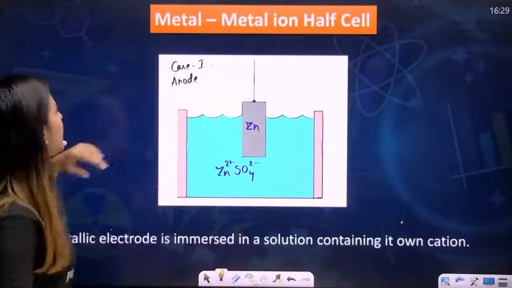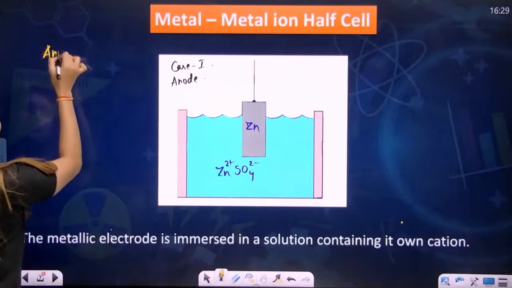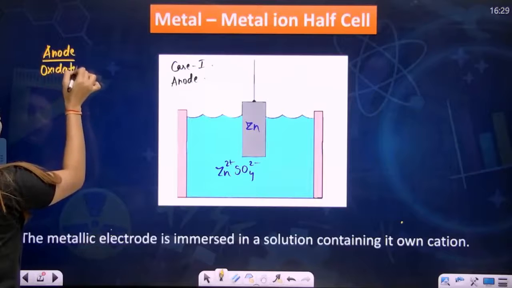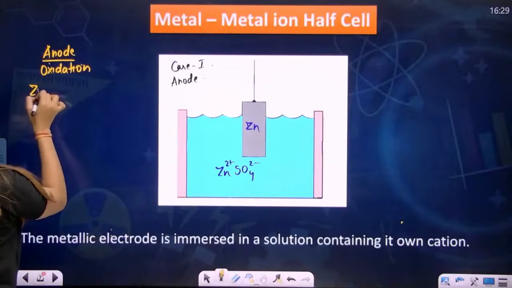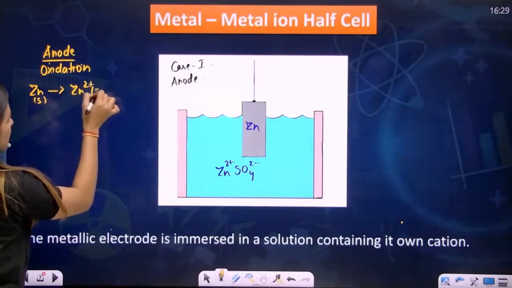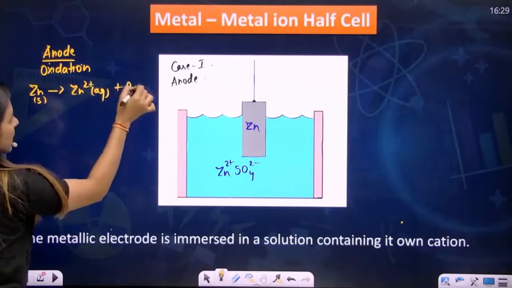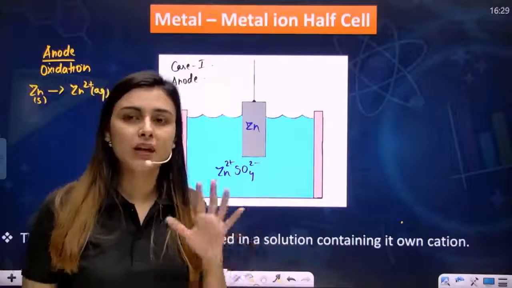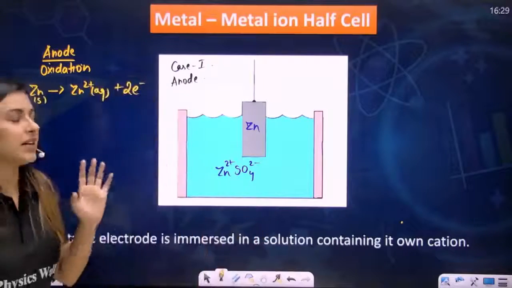So if it is acting as an anode, then I know oxidation will take place. And if oxidation is taking place, then this means that zinc solid will go into zinc 2 plus aqueous, plus it will give 2 electrons, right? This is your anodic reaction, oxidation anodic reaction. I hope you're clear with this. You don't have any doubt here.